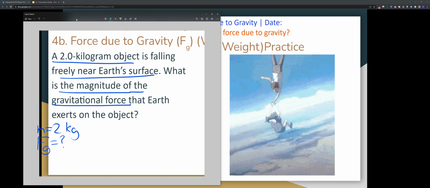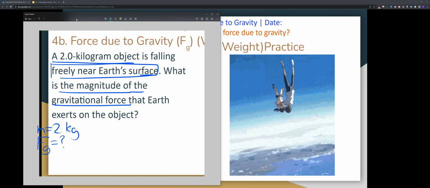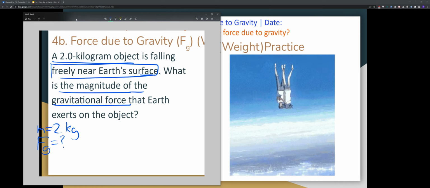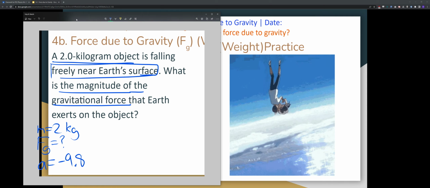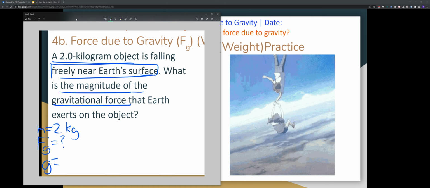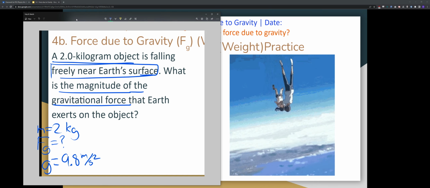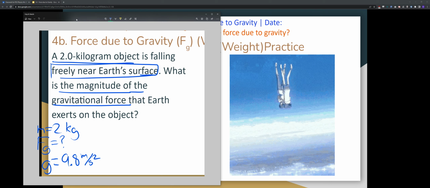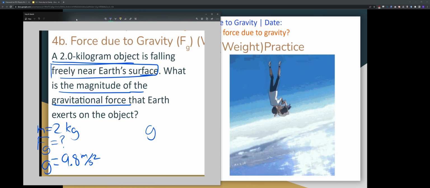There's something you can assume here. You're falling near the surface of the Earth, which means that your acceleration due to gravity, G, is 9.8 meters per second squared. This is something you have to assume if you're near the surface of the Earth.